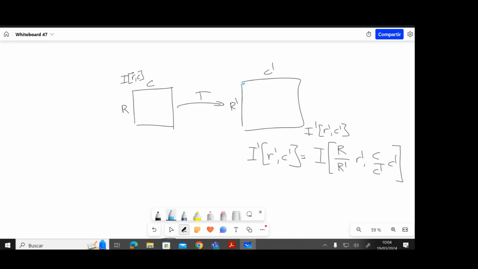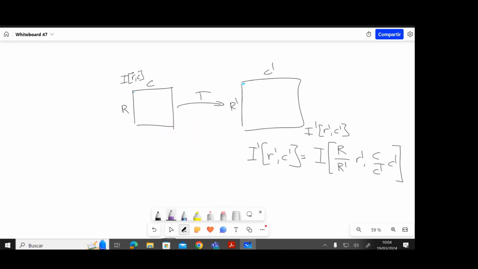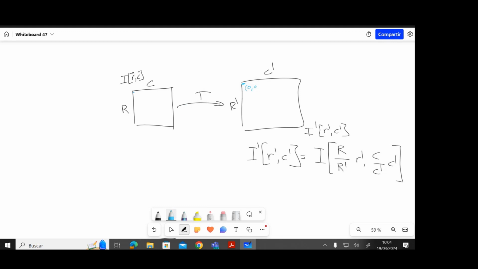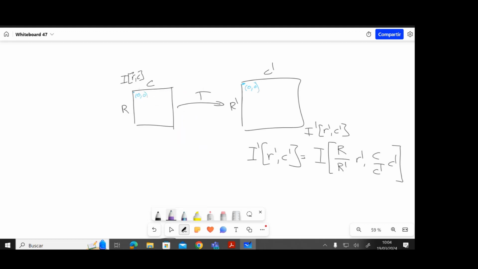0 goes from the 0, 0 coordinate. Okay, what about this one? This one is 0, 0, you are taking from 0, 0. What about this one? I want to copy that one.